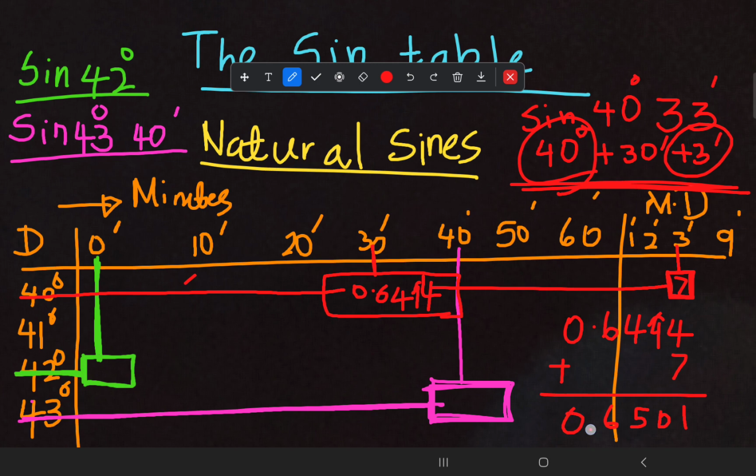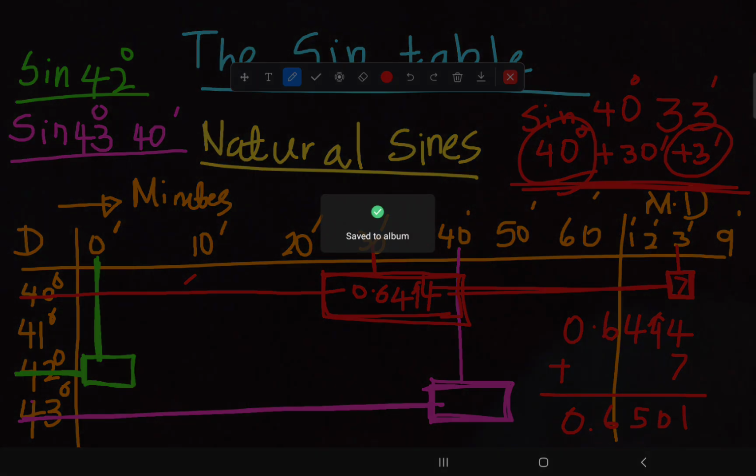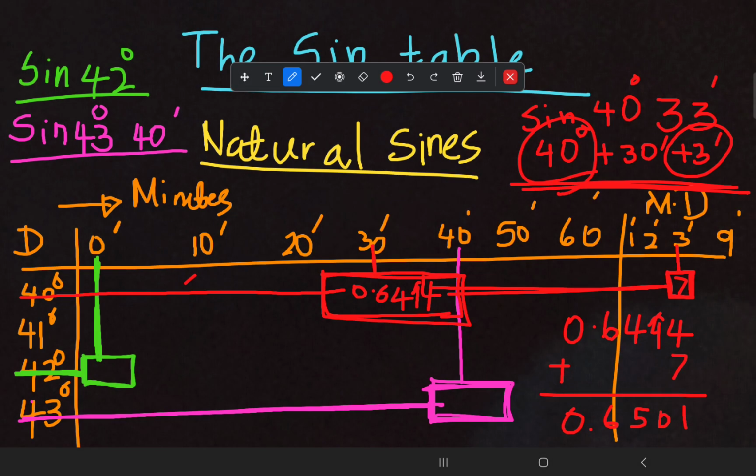So your answer for sine 40 degrees and 33 minutes should be equal to 0.6504. Okay, the task is very easy. We found this value and with that we just added the mean difference. That's all for our answer for this sine table.